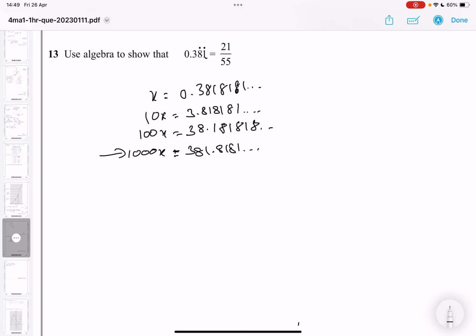So if you subtract that from that, 1000x minus 10x is 990x, and 381.8181 minus 3.8181 recurring gives you 378, okay, 0.0. And now you solve for x. X equals 378 divided by 990, and if you simplify that, it will give you an answer of 21 over 55.